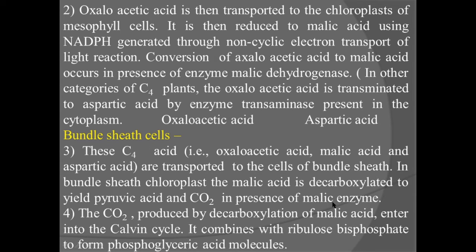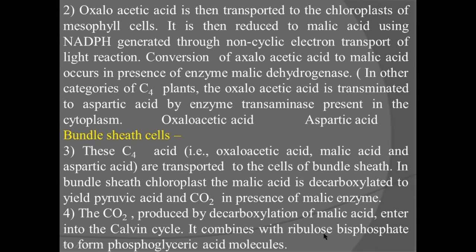The carbon dioxide released enters into the Calvin cycle, that means C3 cycle. The complete C3 cycle occurs in bundle sheath cell and formation of glucose, that means fructose 6 phosphate, occurs in bundle sheath cell by Calvin cycle.